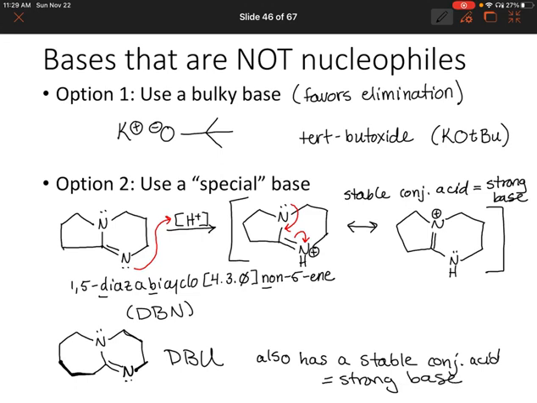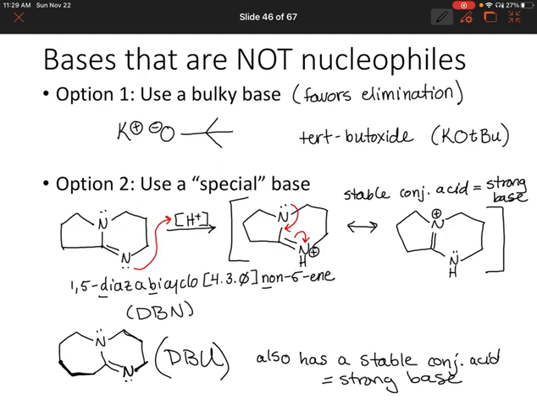And it has similar resonance to the one up above. So you could use either DBN or DBU as strong bases that are not nucleophiles, and that will favor elimination reactions.